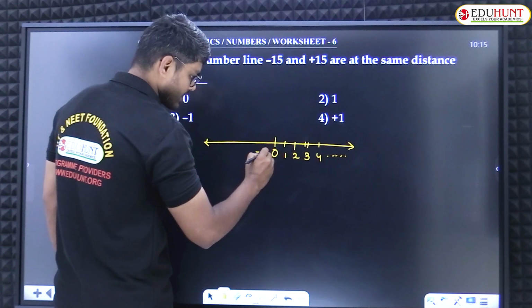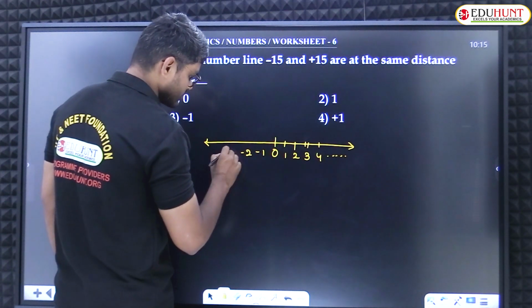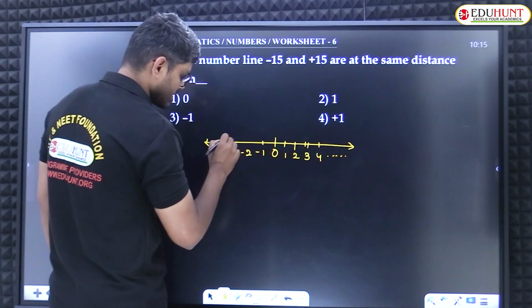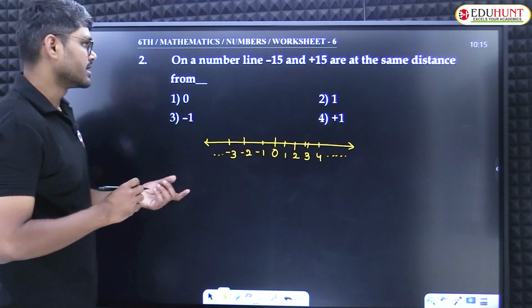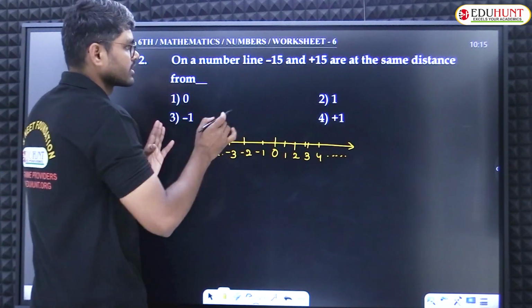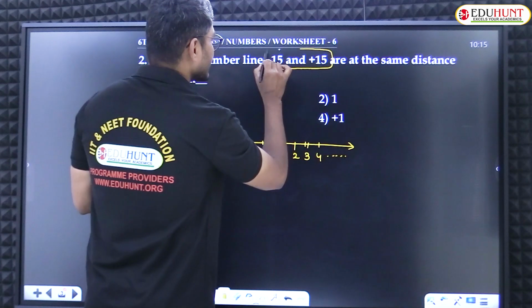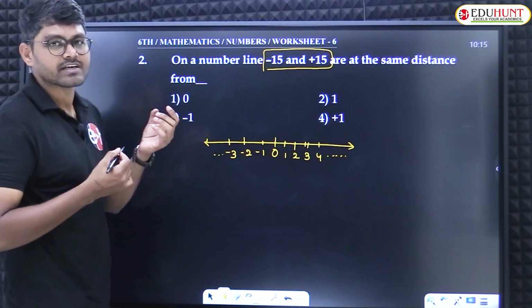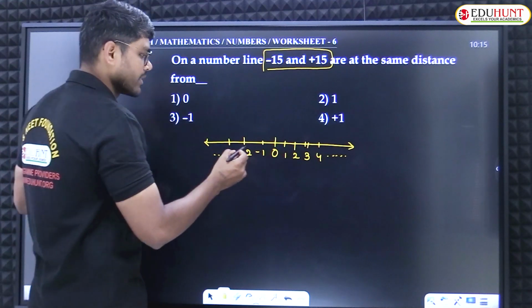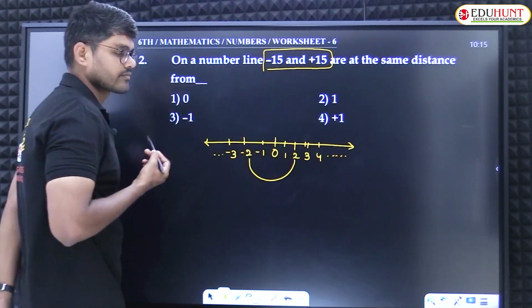This is -1, -2, -3 and so on. For example, -15 and +15. Instead of these two numbers, let's take a very small example, -2 and +2.